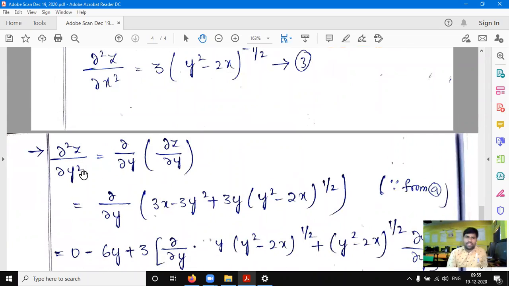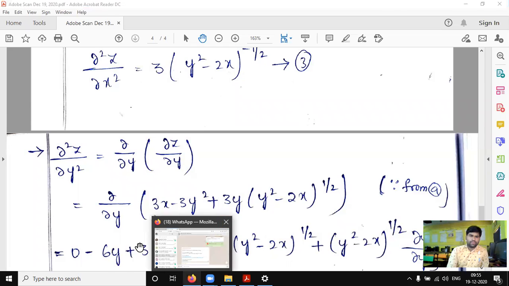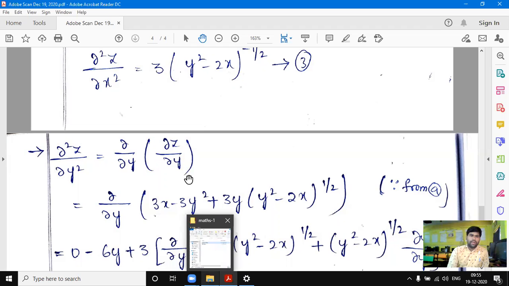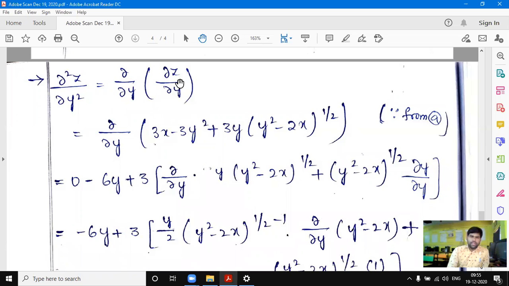So next, ∂²z/∂y². That is equal to ∂/∂y of ∂z/∂y. From equation number A, we know ∂z/∂y is 3x minus 3y² plus 3y into (y² minus 2x) whole to the power of 1 by 2.